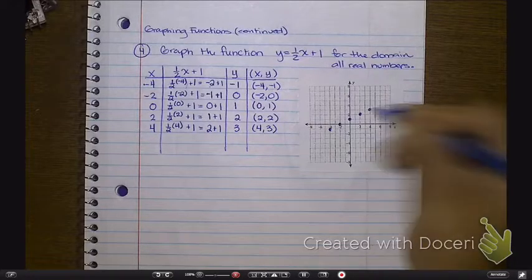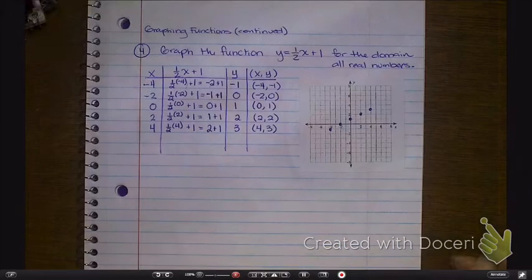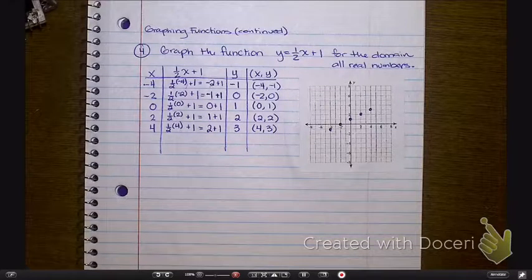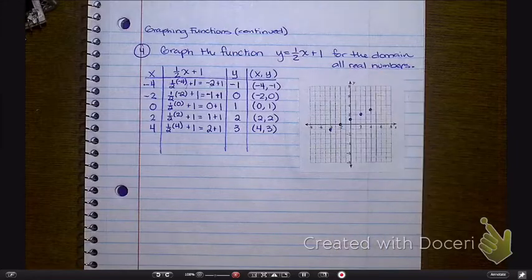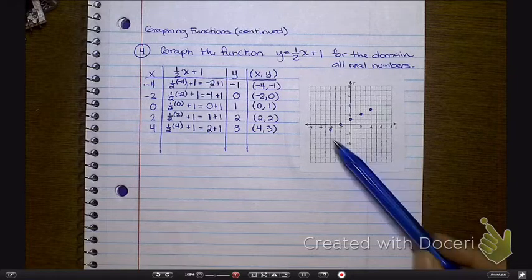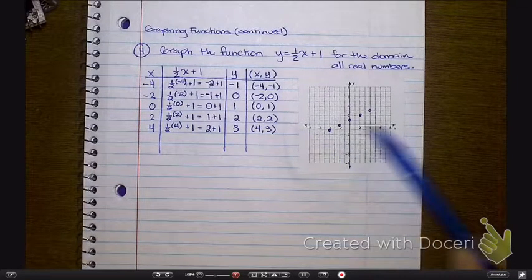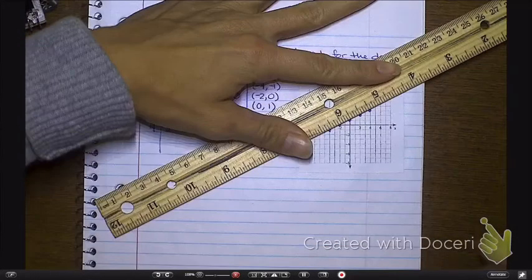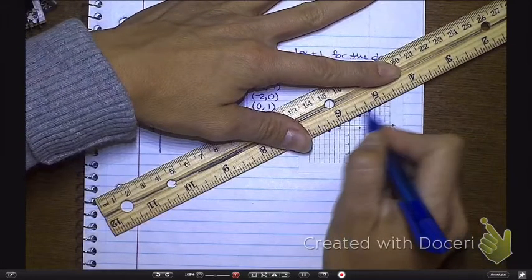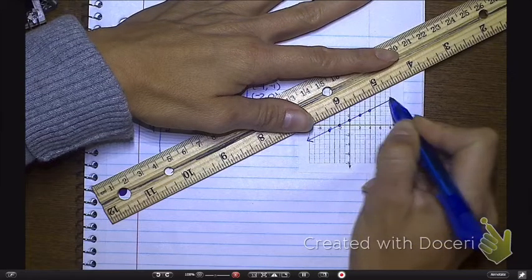Okay, class, do I get to connect these? No. What is my domain? All real numbers. So if my domain is all real numbers, what does that mean? It means that my domain is all x values. So that means that it's all the x values in between these points and continuing past these points.